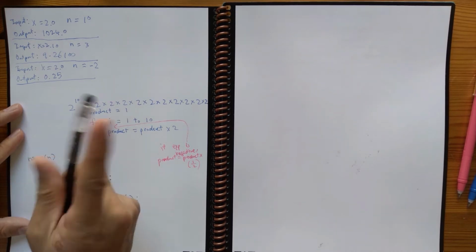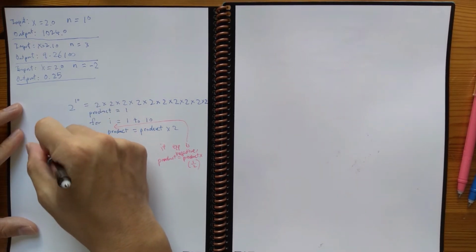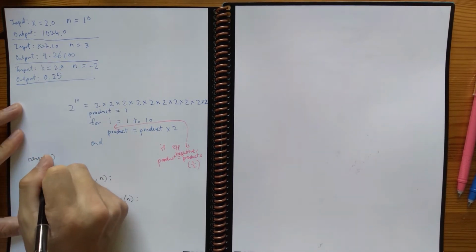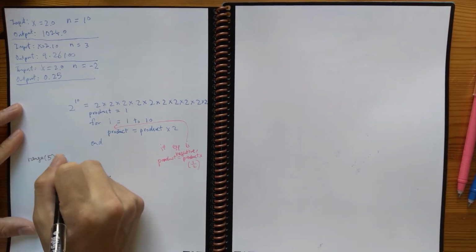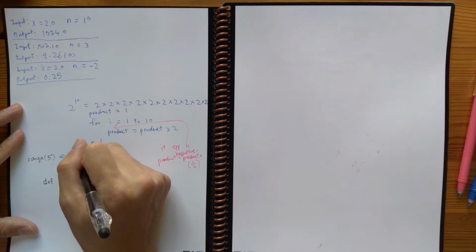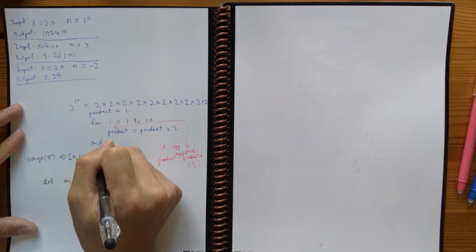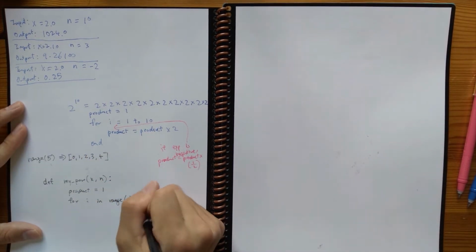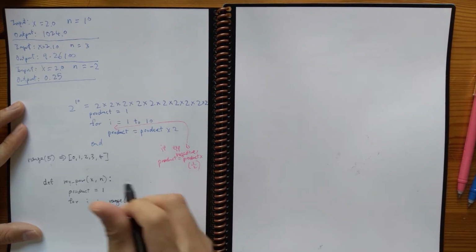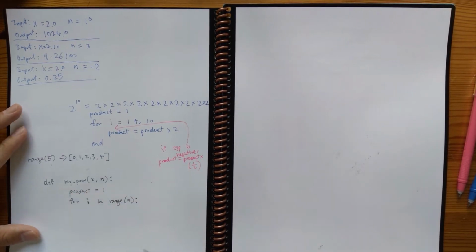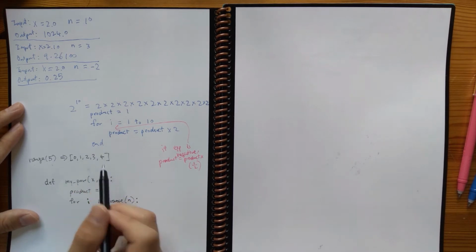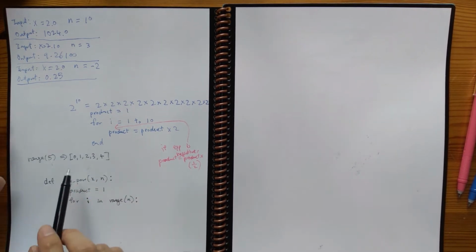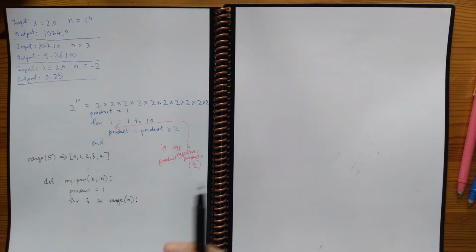Range of 5 gives you a list that is 0, 1, 2, 3, 4. I believe, although in newer versions of Python, it doesn't give you an actual list. It gives you something like a lazy list, so it doesn't have to allocate the memory to store all those numbers if it was 1 million. Okay.